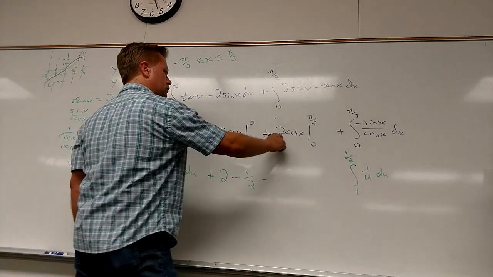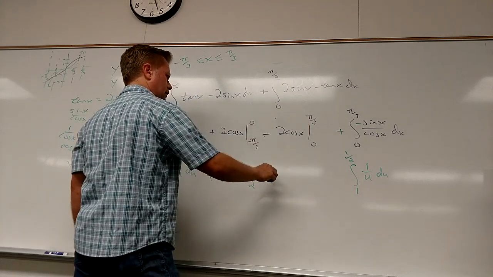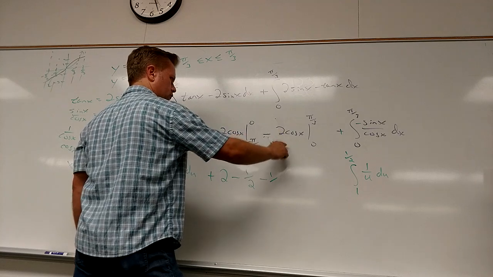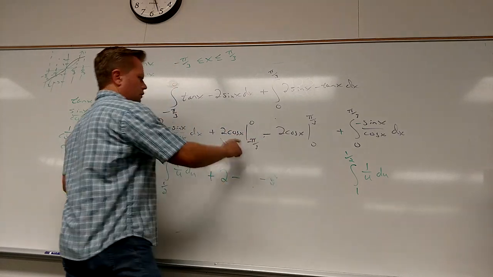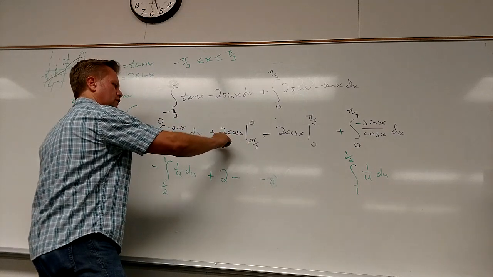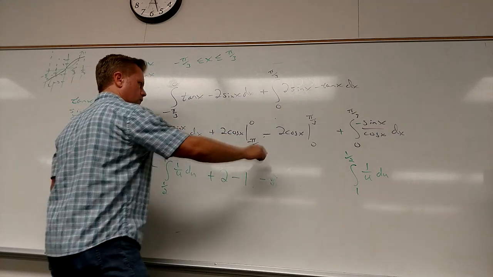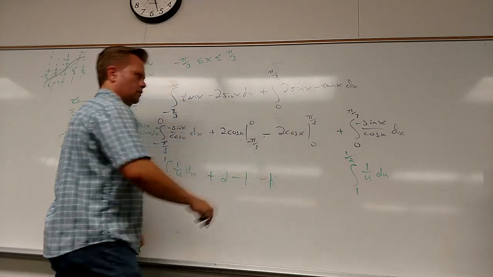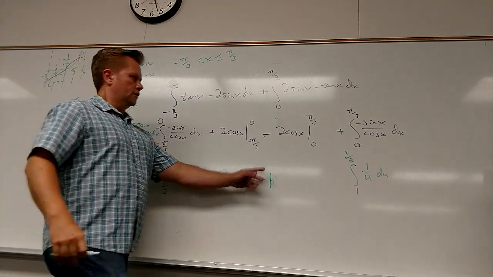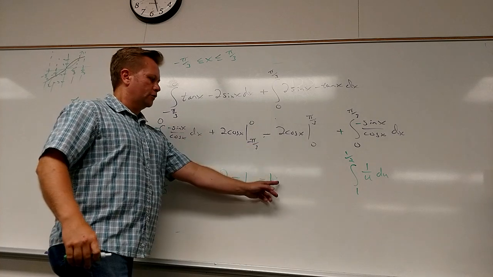So minus 2 cosine pi over 3, again, is 1/2. So 2 times that would be, did I do the same thing here? Cosine pi over 3 is 1/2 times 2 is 1. Minus a negative, right? What do I do next?